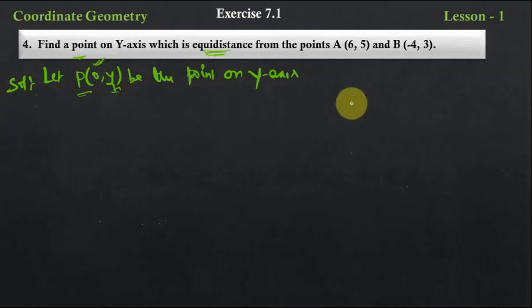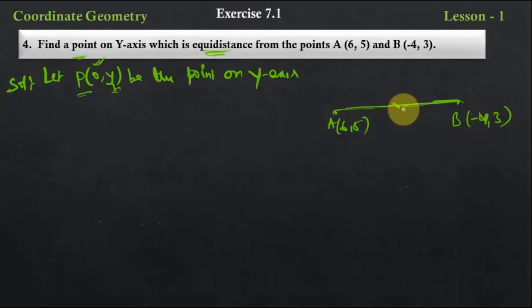See what he is saying, this particular point P is equidistant from A and B. So here suppose the point A is here (6, 5) and the point B is here (minus 4, 3), right?